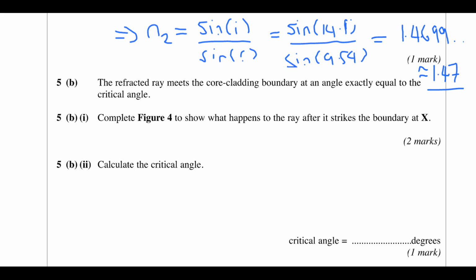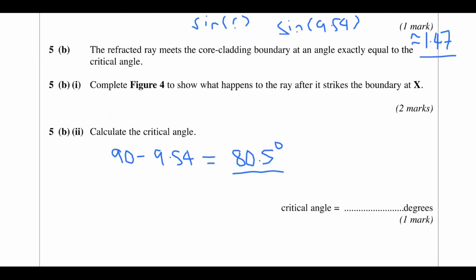Well, it's actually 180 minus 90 minus 9.54, but we can hopefully do it fairly straightforwardly. And you see that we can get rid of the 90s. When we do that, that comes out as 80.46 or 80.5 degrees there. This 90 is an integer, so that's an infinite number of significant figures. So we would give the answer to 3 significant figures here.